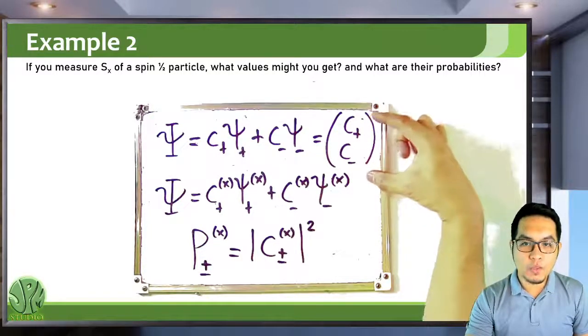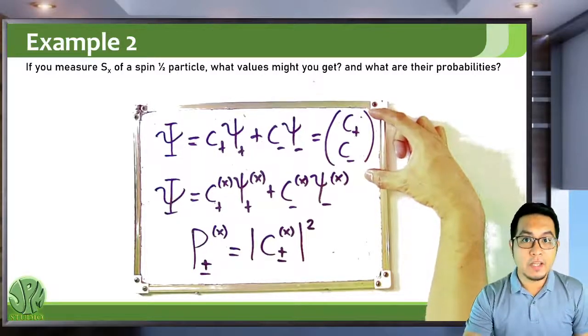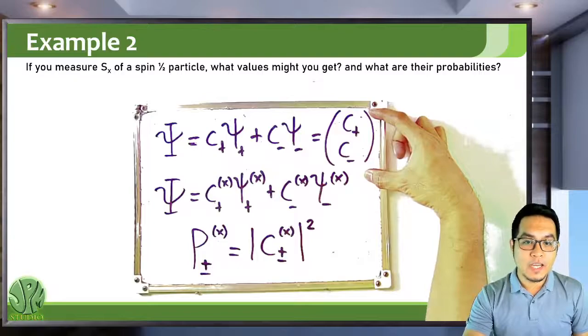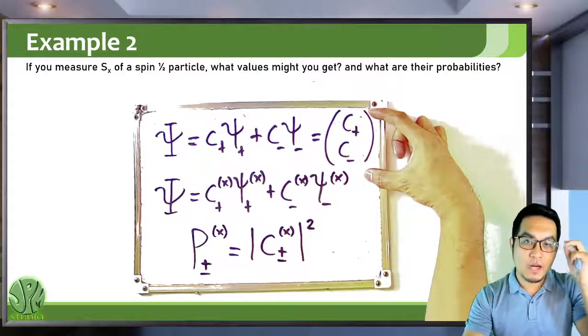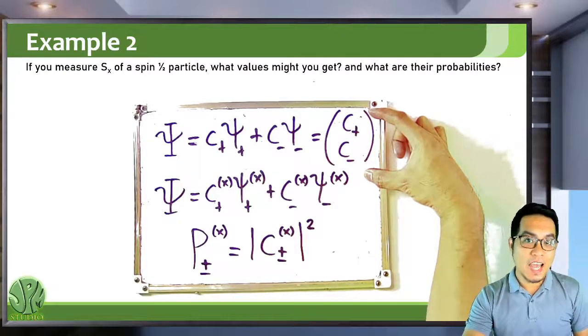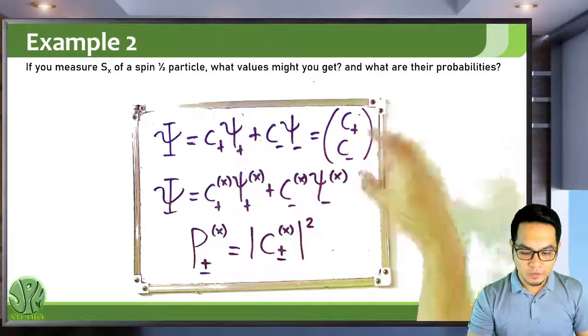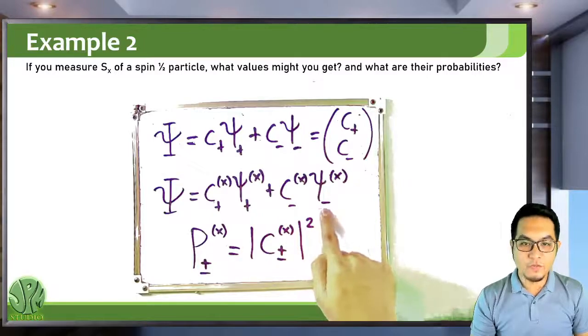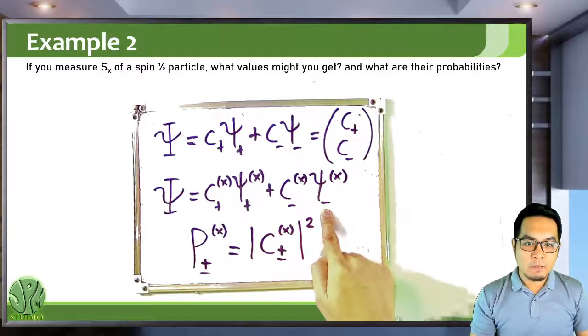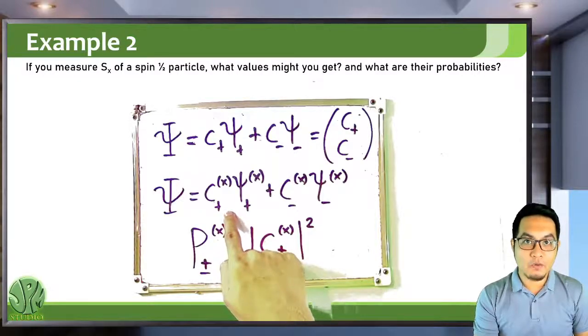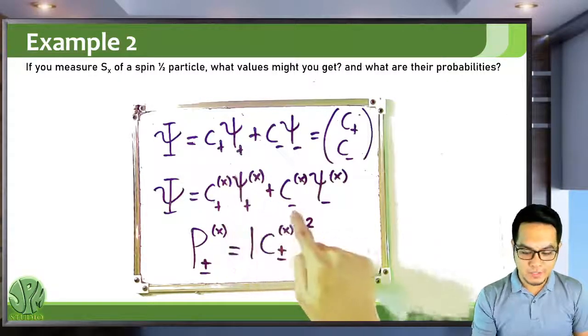Now, we want to write this general state in terms of the eigenfunctions, or eigenspinors, of Sx. So we need to write this in terms of the eigenfunctions of Sx, and by doing so, we can solve for the linear combination coefficients for Sx, C plus x and C minus x.